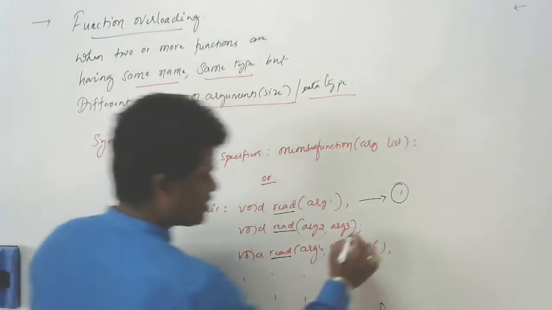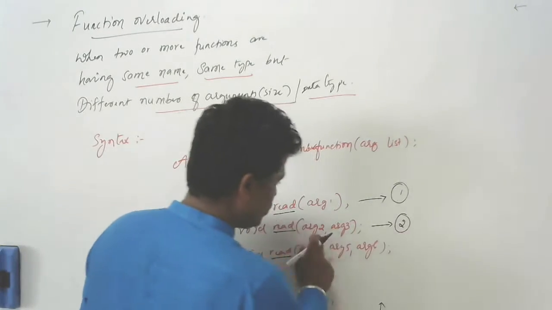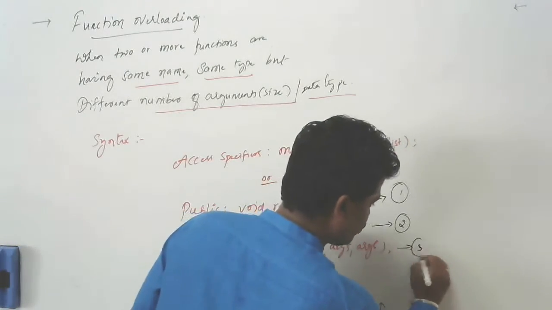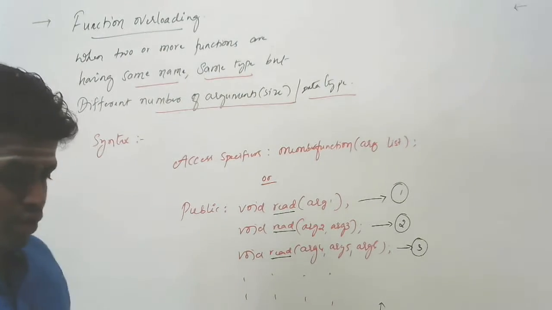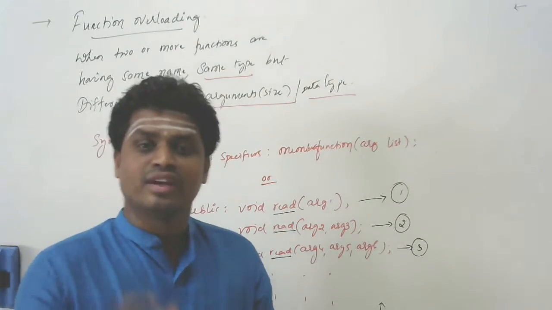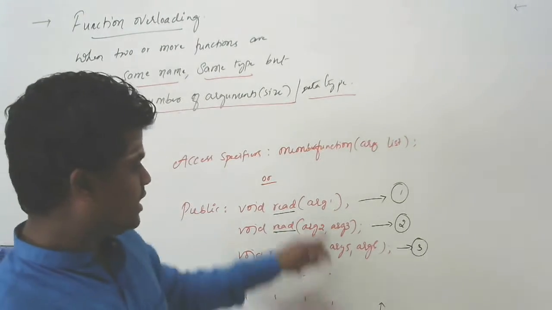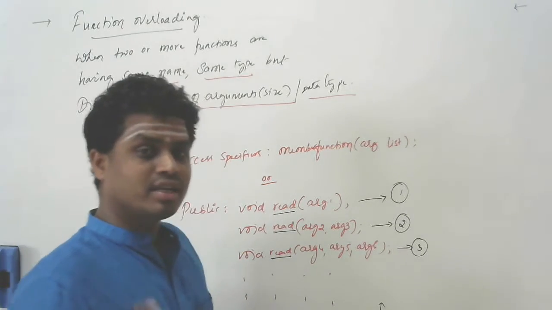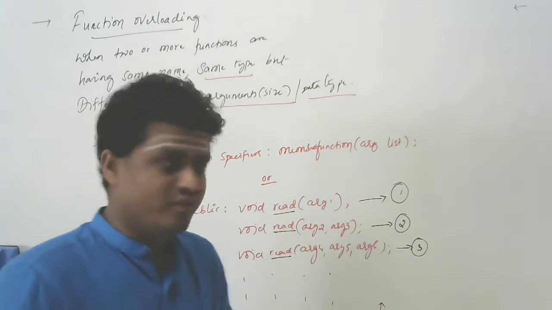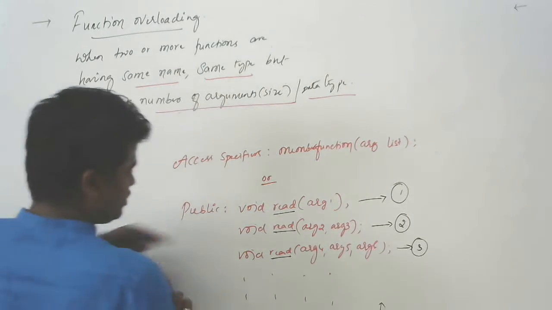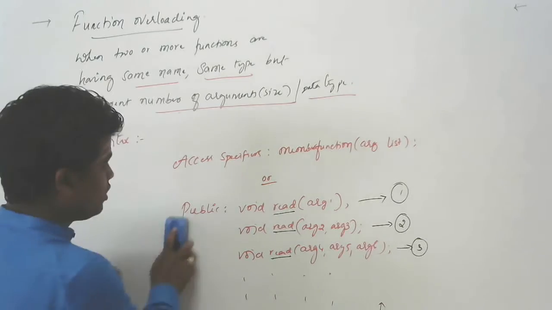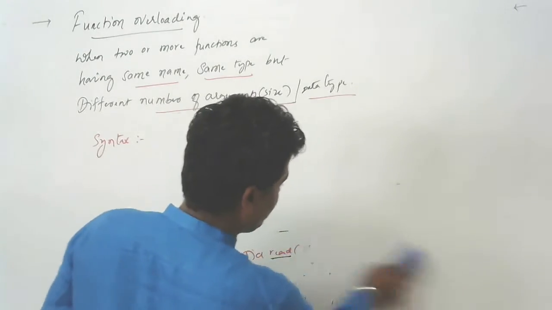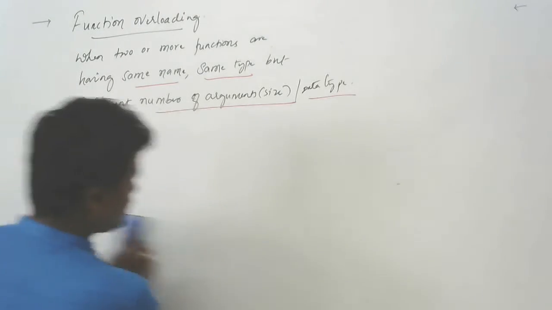With the second, 2. With the third, 3. Suppose you ask, sir, can we have the same number of arguments inside these functions? Yes, you can have, but the data type is supposed to be different. We'll see that also. This is the syntax. Please note it down. We'll see one normal example, then we'll come to know about that.